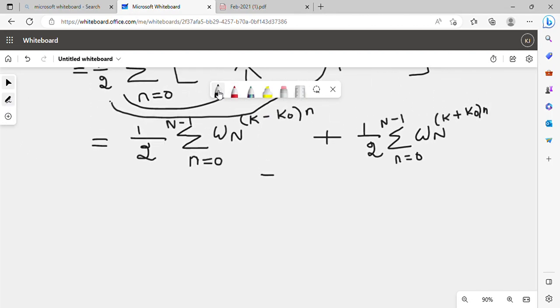So if your k is equal to k naught in this particular one, let me consider that your k is equal to k naught. What is going to happen? You are going to get a summation of n minus 1 to n is equal to 0.